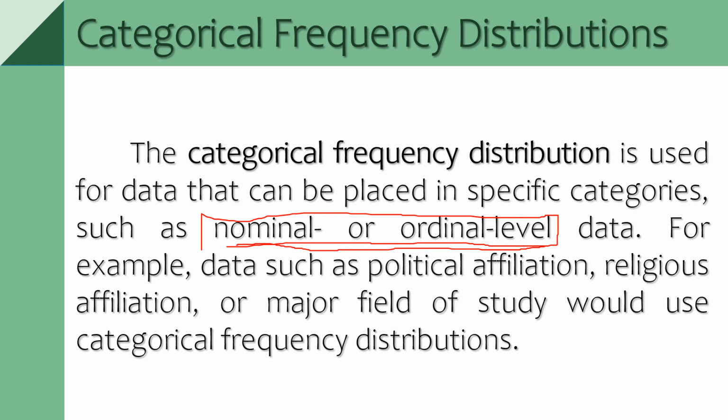Okay, so for example, political affiliation sa mga party list, religious affiliation, Roman Catholic, diba? Born again Christian, so on and so forth. Or the major field of study would use categorical frequency distribution. Basta category, so magpo-fall siya sa categorical frequency distribution.